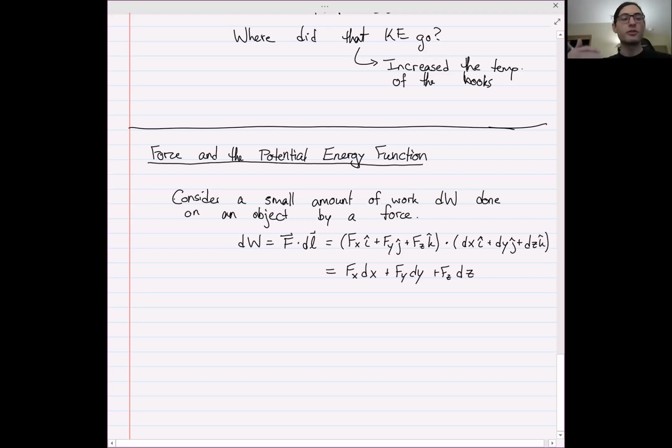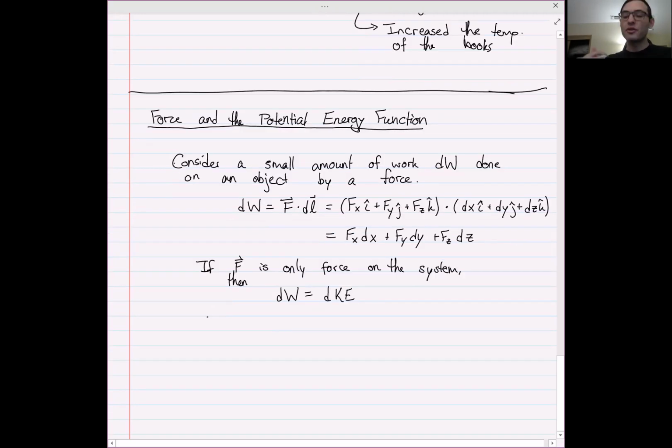Now, if this is the only force on the system, then the work energy theorem tells us that that small amount of work that's done is equal to a small change in the kinetic energy.